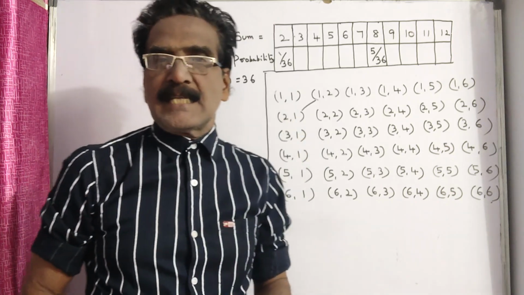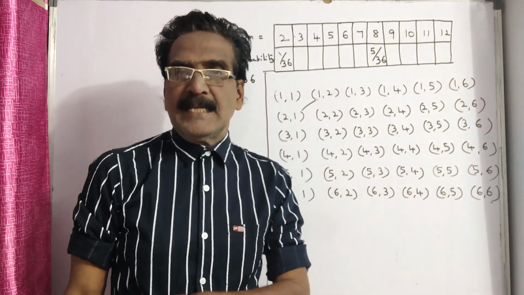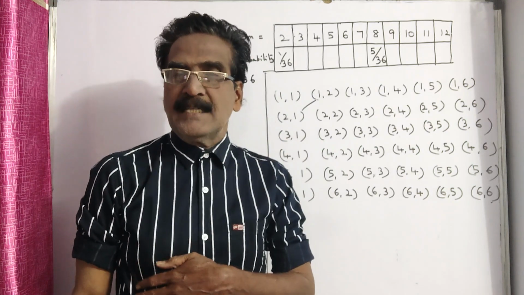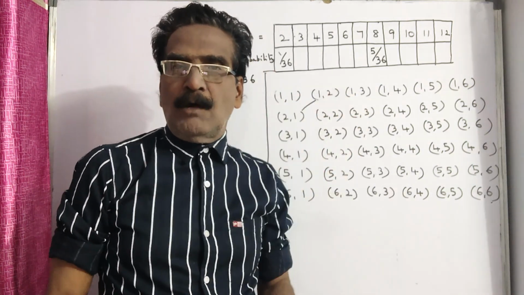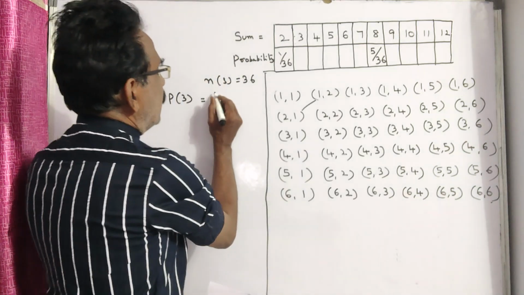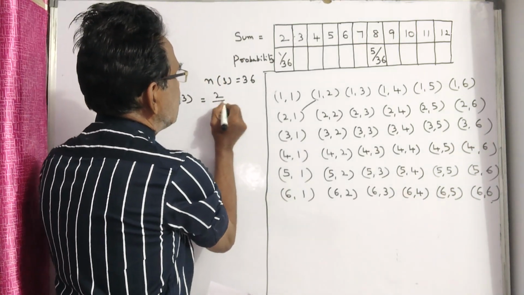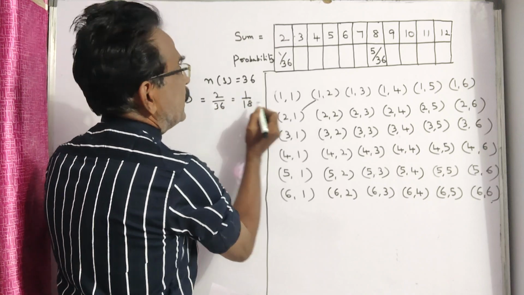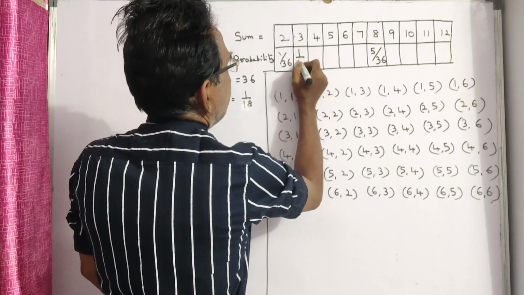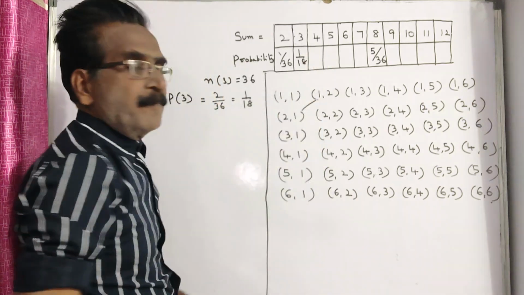So for getting the sum 3 on the two dice, the favorable outcomes are 2. Total number of outcomes 36. 2 by 36 is equal to 1 by 18. So this probability is 1 by 18.